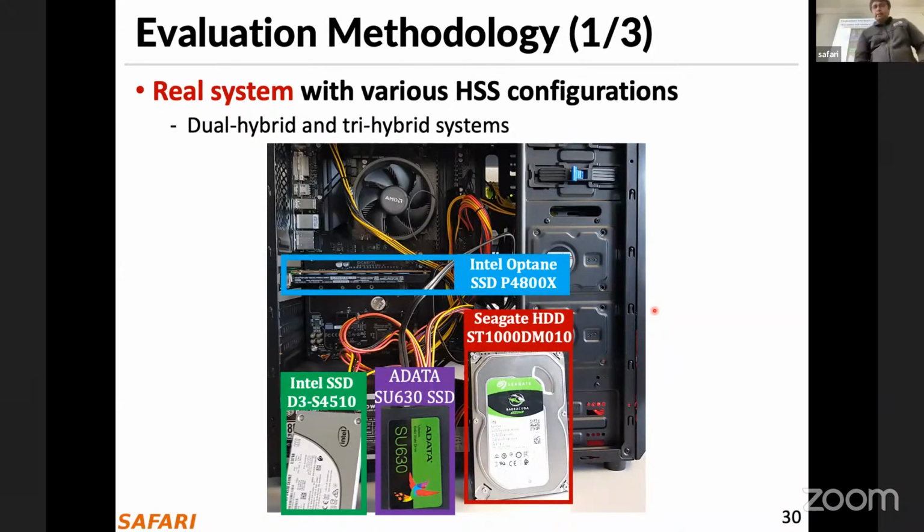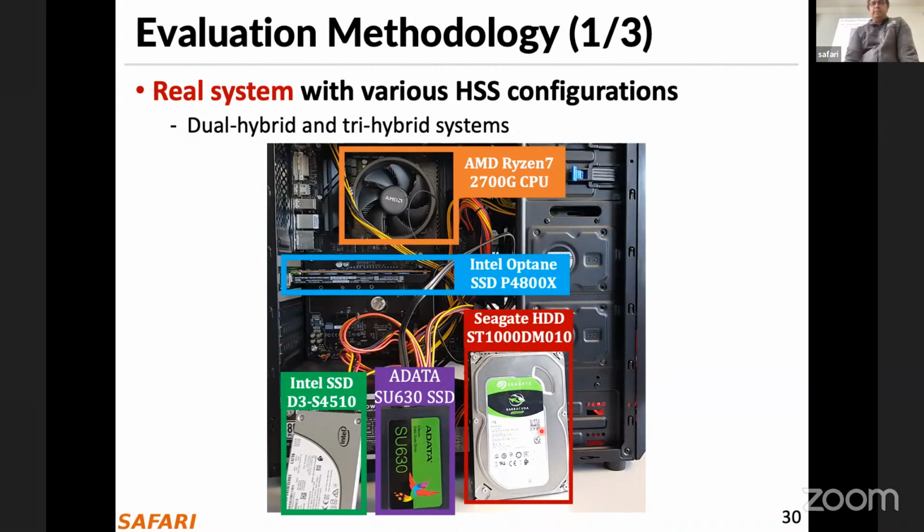We have a high-end Intel Optane device, which is the fast device. We have an Intel TLC SSD, then the A-data low-end SSD, and then a hard disk drive. These are the devices that we use to make a hybrid storage system, and all the training and inference is happening on the CPU itself.